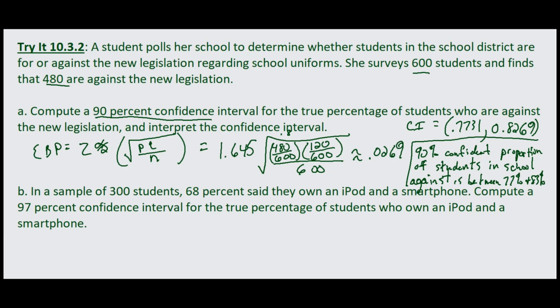So you would add that to your percentage when you look up the z-score chart. So you'd be looking at 1 minus 0.97 is going to be 0.985.